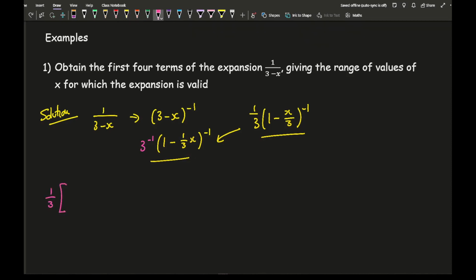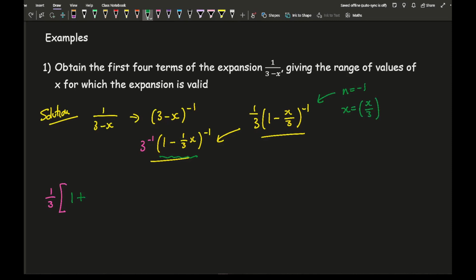I'm going to use the binomial expansion on this bit here, so let's go for green. So from this, what do I end up with? Well, I end up with n equals minus 1 and x equals minus x over 3. So they're the substitutions I'm going to be using.